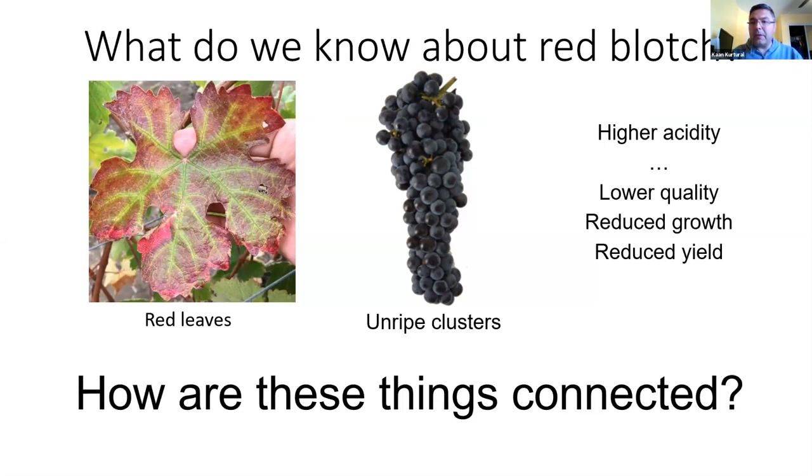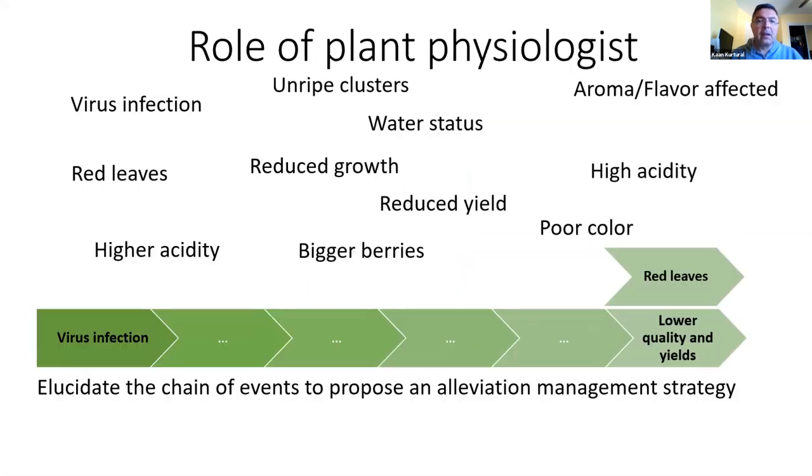What we usually end up with is reduced growth, sometimes reduced yield, but more often than not lower quality. And we try to combine these things to come up with some mitigation methods to move on in our practices if we're going to keep these vineyards for a limited amount of time.